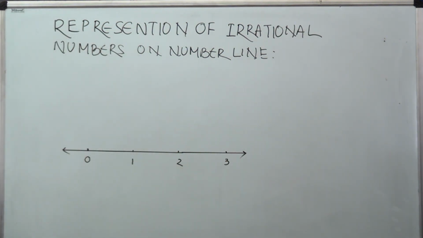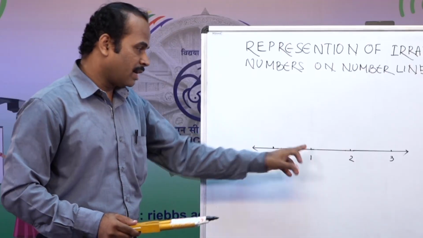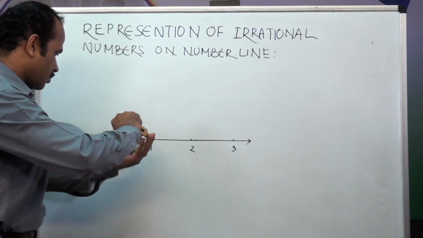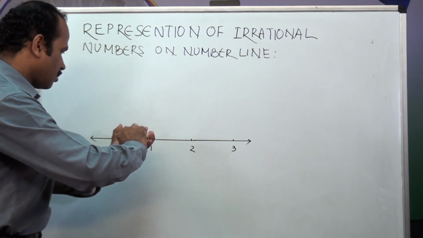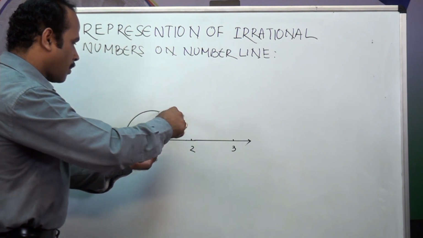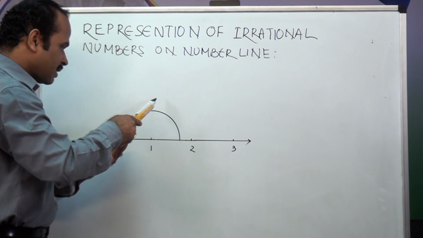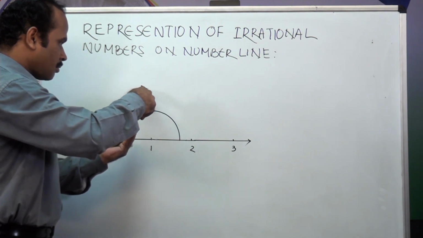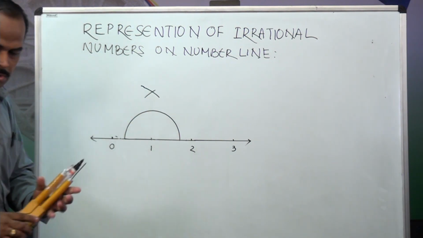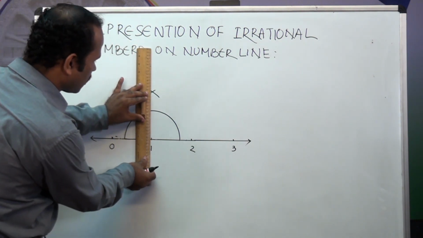Now on this number line, I want to present root 2. Let me select point 1, and from this point I will draw a semicircle. With the semicircle, I will find the perpendicular on it. Let me bisect this semicircle, and join this point to find the right angle.